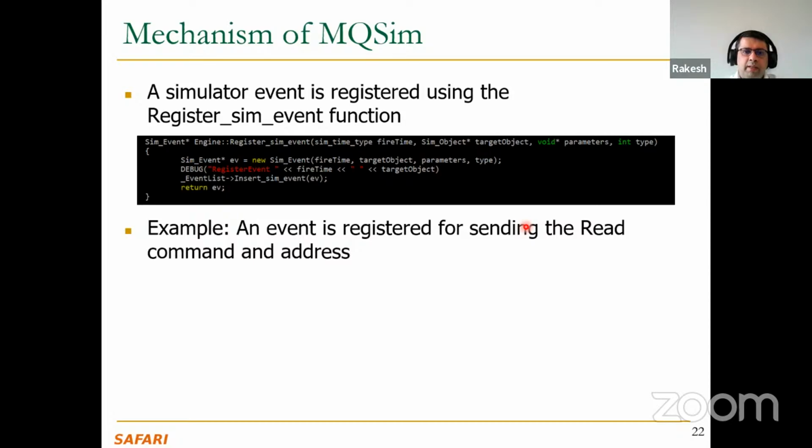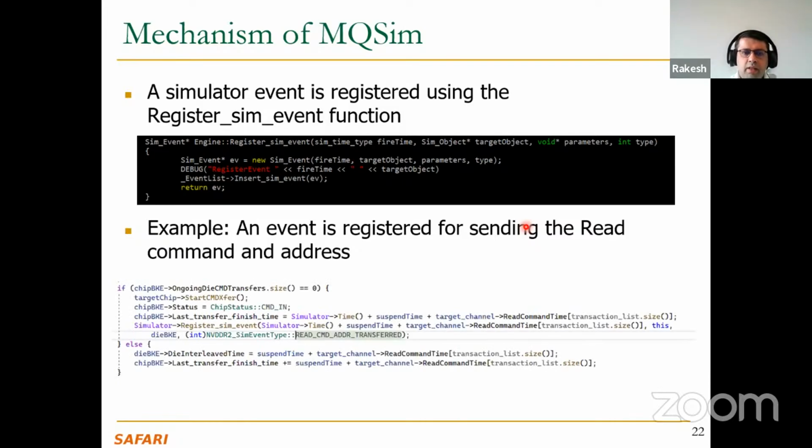For example, if we need to register an event for sending the read command and address, we need to write the code in the following manner. This is a snippet of the code from MQSim, and here we see that the register sim event is called for sending the read command and address, and the timestamp provided is the current simulator time plus suspend time and the latency that the read command transfer takes.